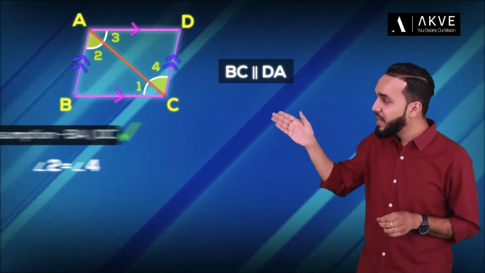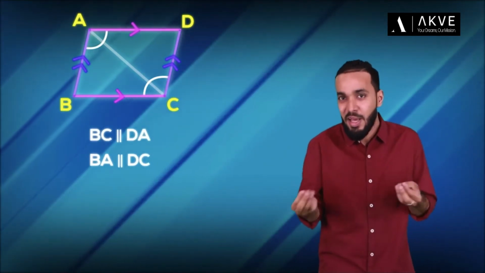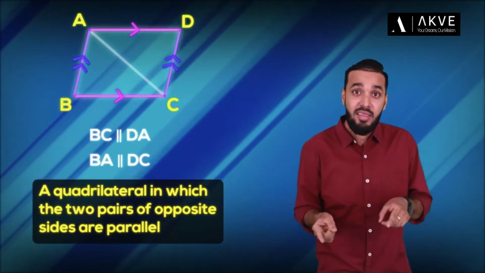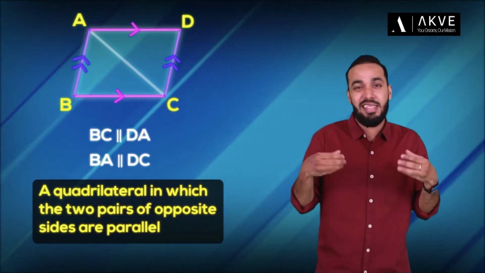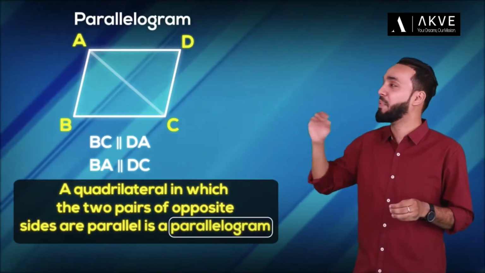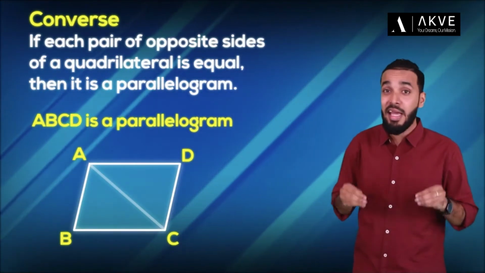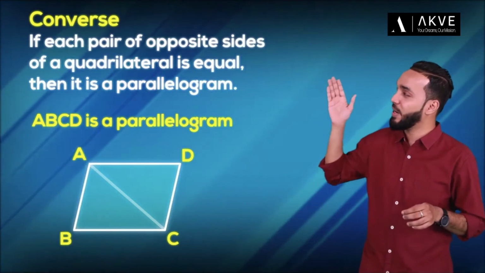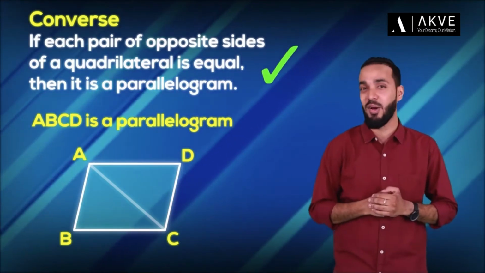That is, BA is parallel to DC. So basically, we have a quadrilateral in which the two pairs of opposite sides are parallel. Fits the definition of a parallelogram perfectly. Thus, we can say that ABCD is actually a parallelogram. See, we just proved the converse of the theorem.